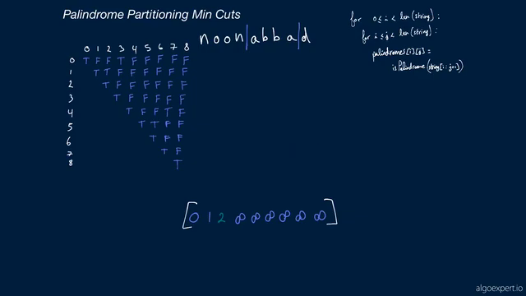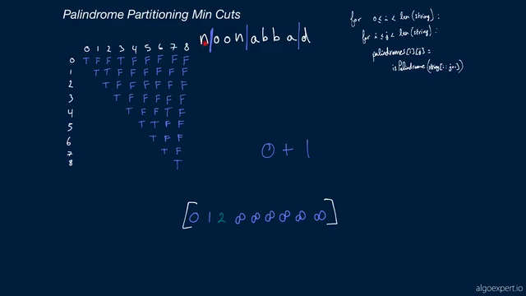Here we say, okay, let's iterate. Let's start looking at the string OO. OO is a palindrome. What was the minimum number of cuts at n, the index right before a new started index, which is O? Well, it was 0, right? So we do 0 plus 1, because now we're saying we're going to put a cut right here, because we know that the string that comes after this cut is a palindrome.